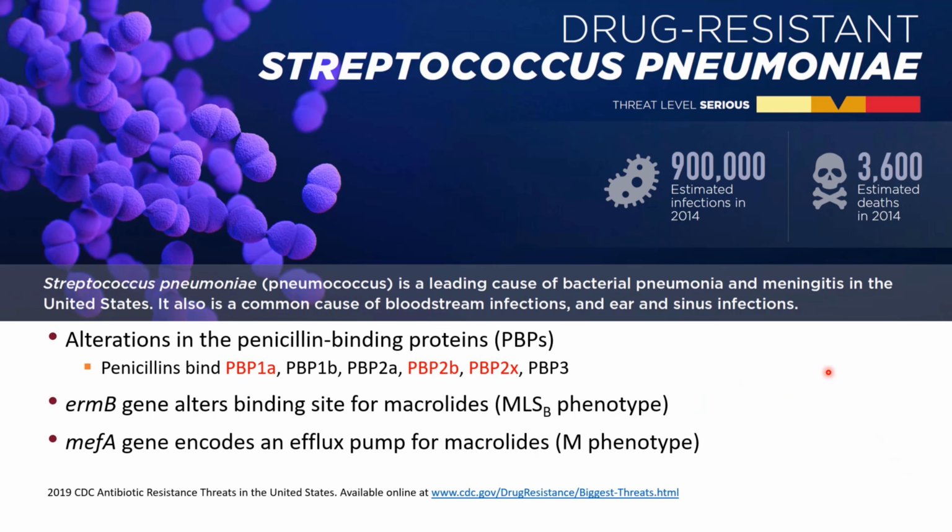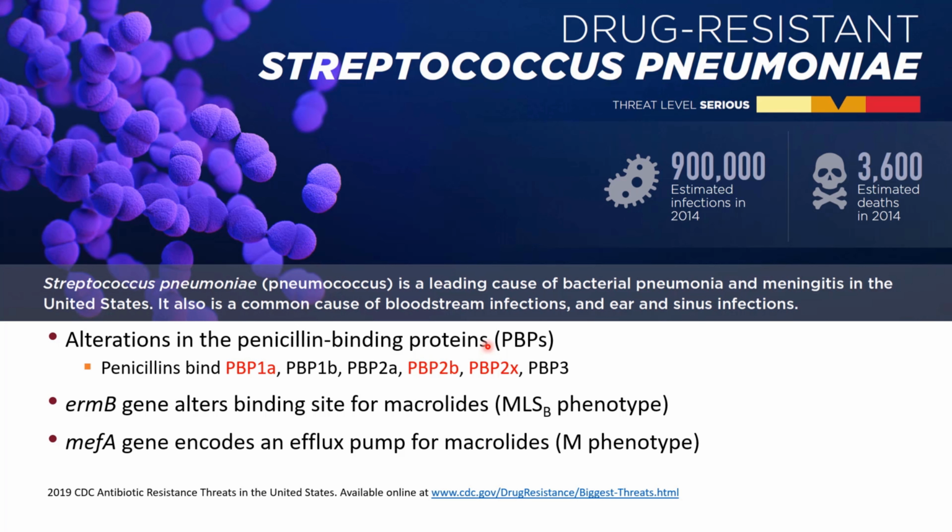The CDC has designated a serious threat level to drug-resistant Streptococcus pneumoniae. The mechanism of resistance of Streptococcus pneumoniae to beta-lactams involves alterations in the penicillin binding proteins or transpeptidase, which are the binding sites for beta-lactams.